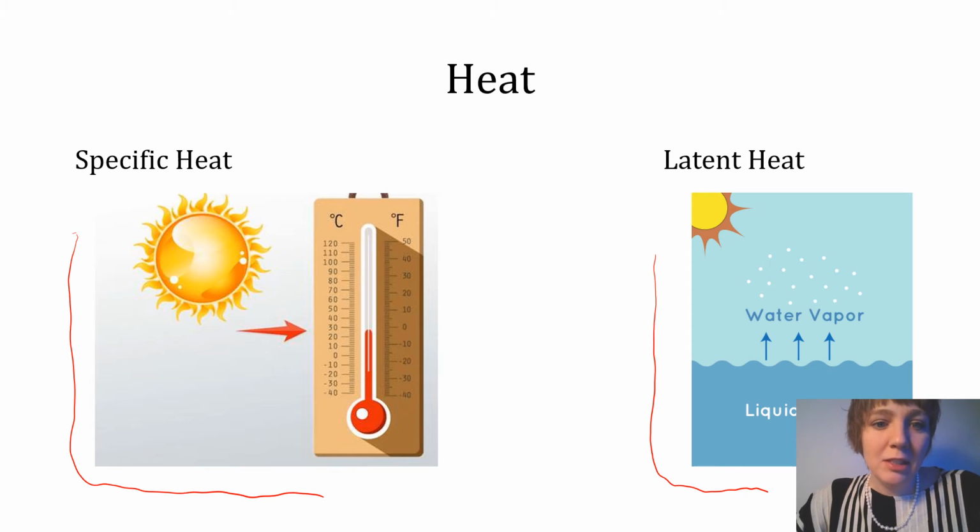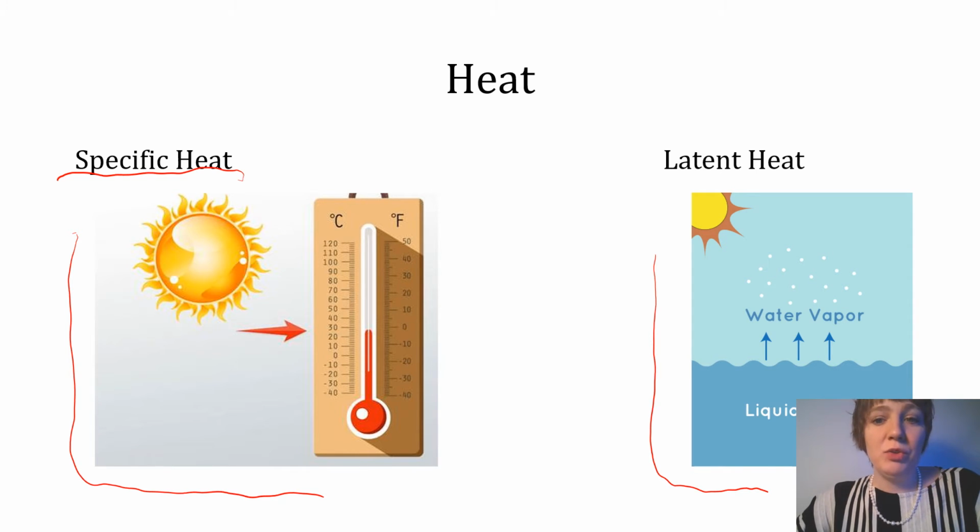The term specific heat refers to the amount of energy required to raise the temperature of a substance. So anytime that heat goes into a temperature change, we can refer to that as specific heat.